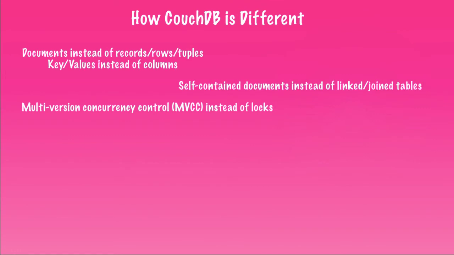CouchDB uses multi-version concurrency control instead of locks. So CouchDB will have multiple versions of the same file. It distributes it around the cluster, and it uses a revision number to keep track of where it is in the multi-version system. There are a few things at work here.